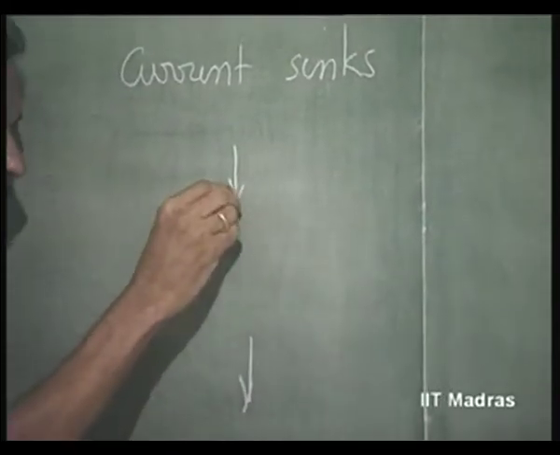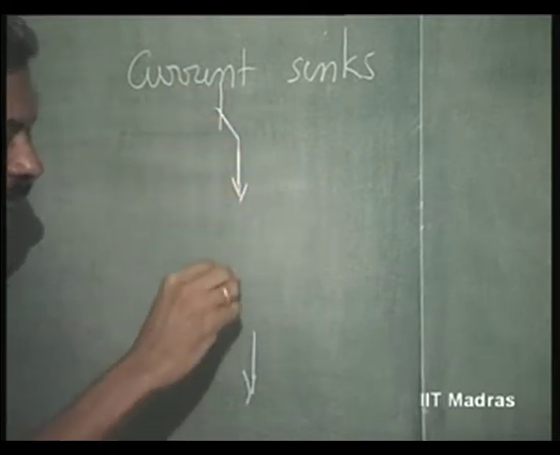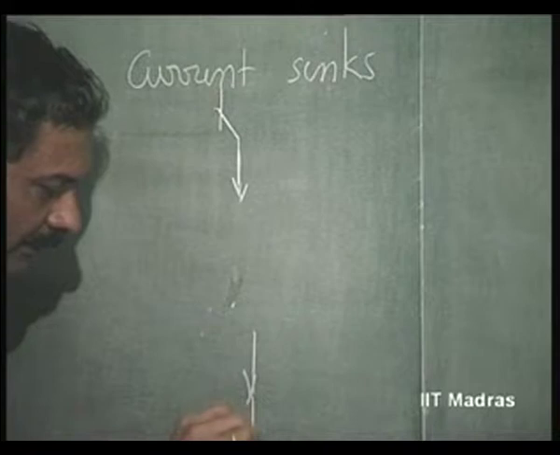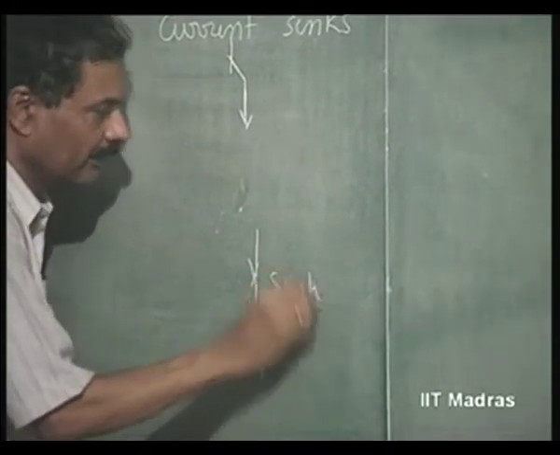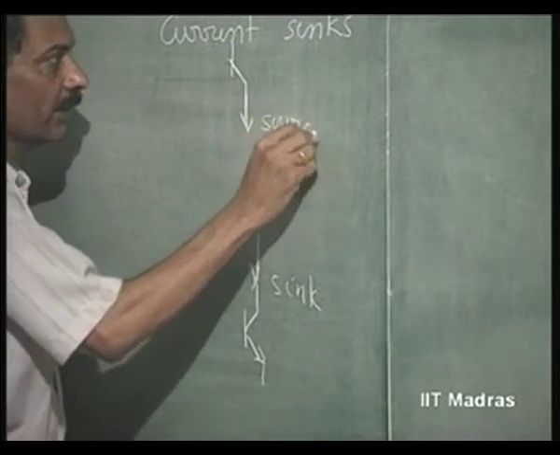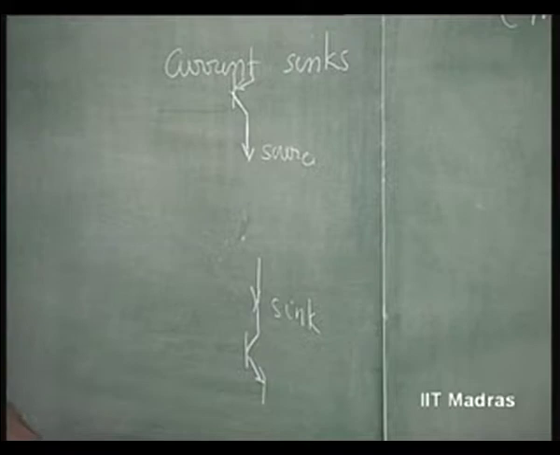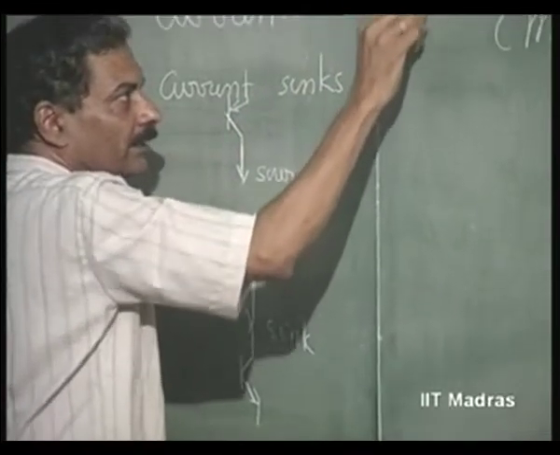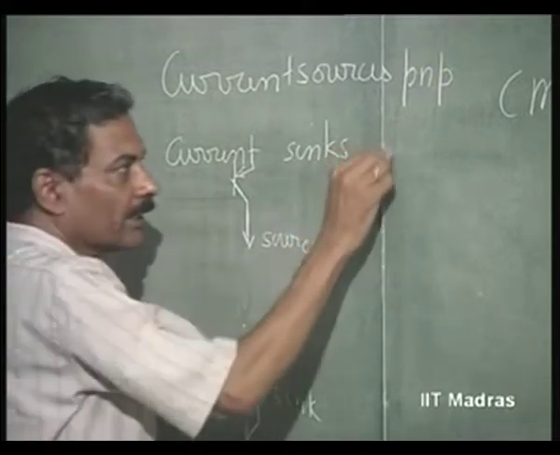So when it is delivering current, it is a source; when it is taking current, it is a sink. That means sources can be realized only using PNP transistors, and sinks can be realized only using NPN transistors.